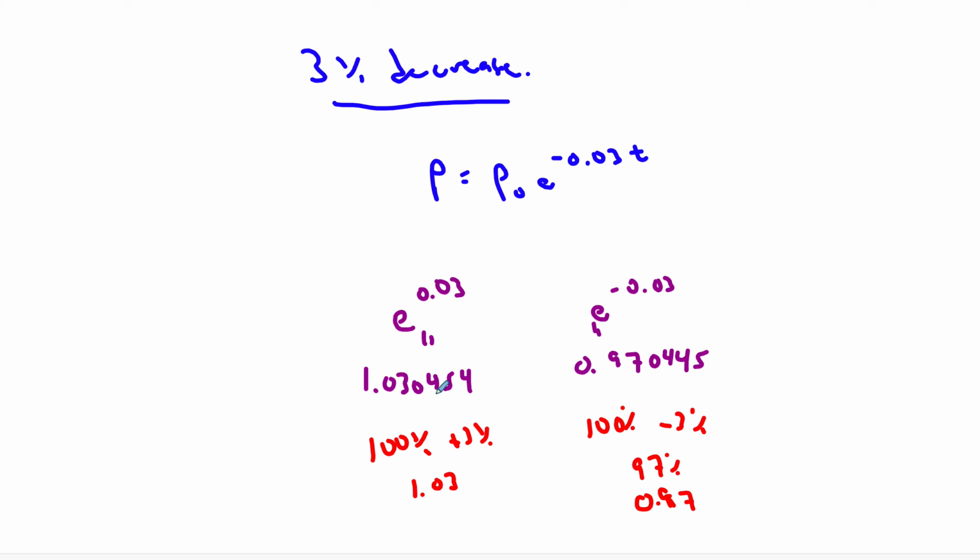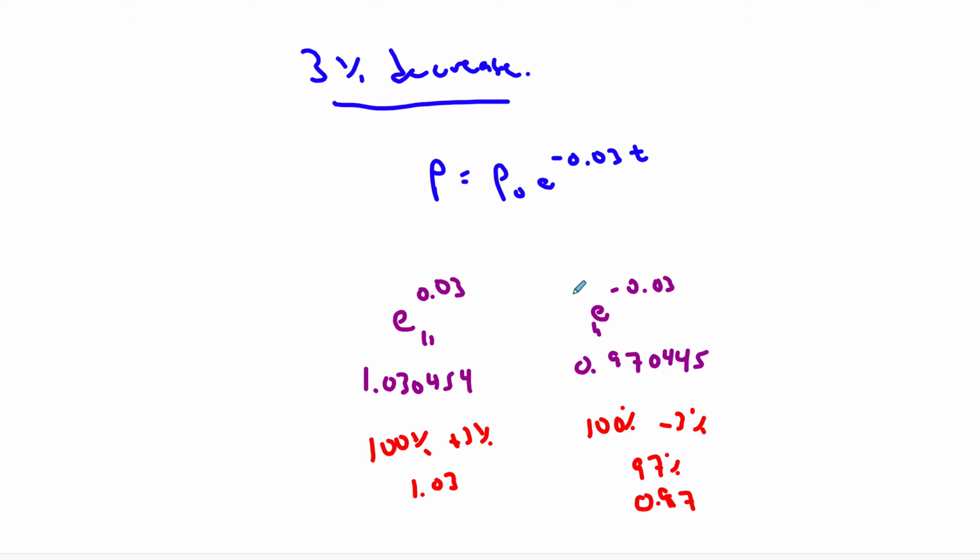I'll explain discrete here in just a sec, but if we're talking like money or something like that. It turns out when we continuously change something, we're changing it over a much finer interval, and we'll see with this when we start talking about compounding, such that the actual increase is a little bit more than 3%. And here the actual decrease is a little bit less than 3%. But as you can see, e to the 0.03, hey, that's right around 1.03, which is what we'd expect for a 3% increase. And e to the negative 0.03, which would be a 3% decrease, is right around 0.97, which is what we'd expect, okay?